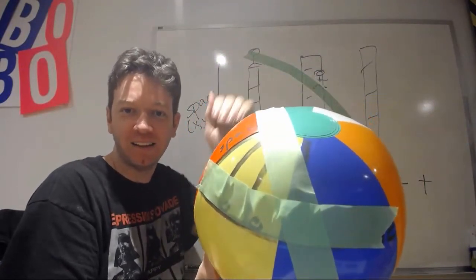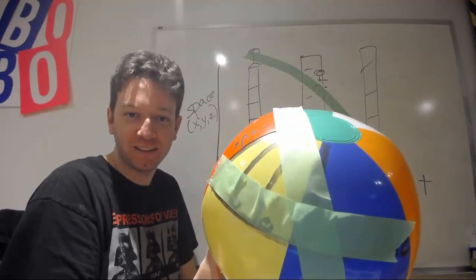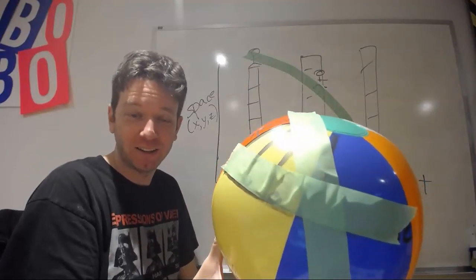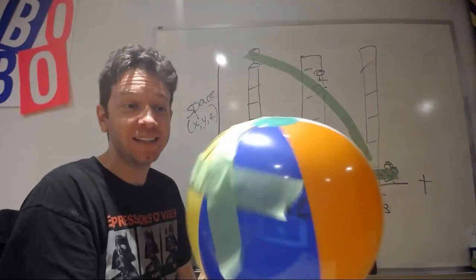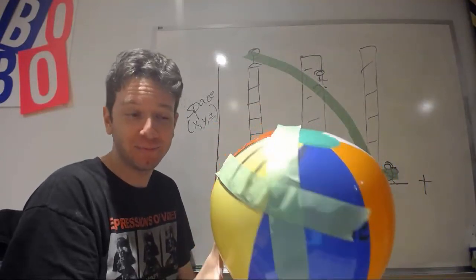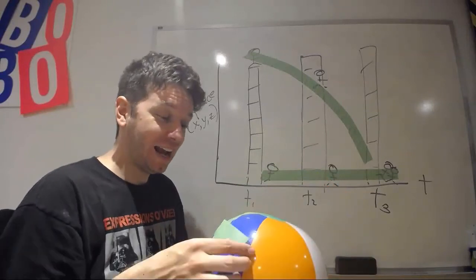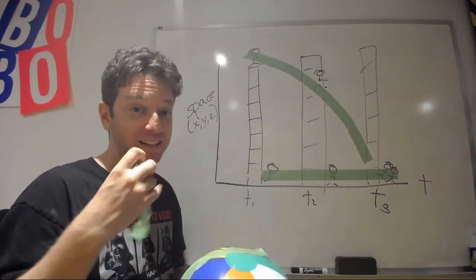Whose path is curved through space-time and whose is straight? In this case, Bob's path is curved through space-time, isn't it? And Alice's is straight. So in this case, if we curve space-time, it seems like Alice is the one floating in space and Bob's the one accelerating up to her.